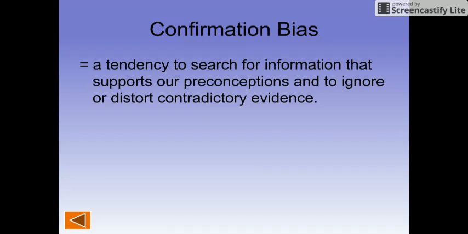So if you're looking for someone who committed a crime, and you're looking for a particular kind of person, maybe a short person, a tall person, different skin color, you're going to look for those things even though every other piece of evidence has shown you that this person did not commit that crime. Confirmation bias. You are looking for something that confirms your preconception of a situation.